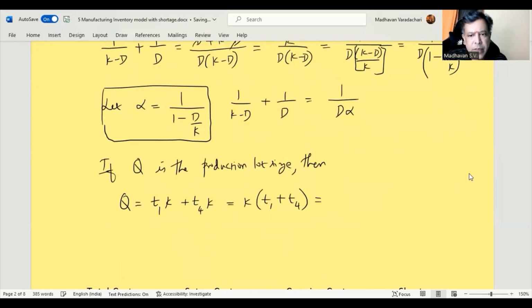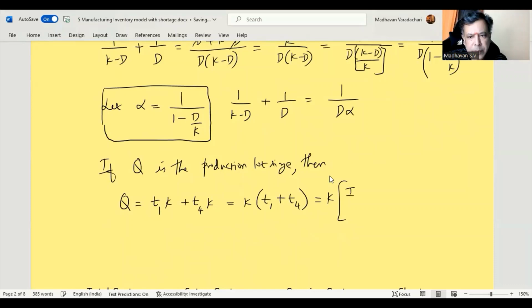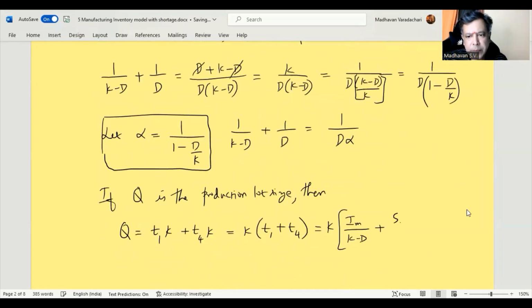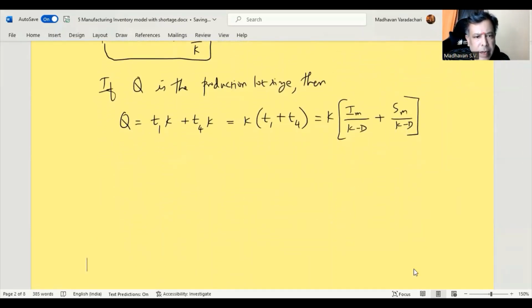Q is K times Im divided by K minus D plus Sm divided by K minus D. Now we can take K out, so we will have K divided by K minus D times Im plus Sm.